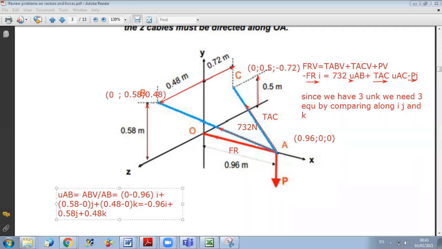But don't forget to divide by what? I should not forget to divide by the magnitude of AB. So always don't forget this. Now I will divide my result here.